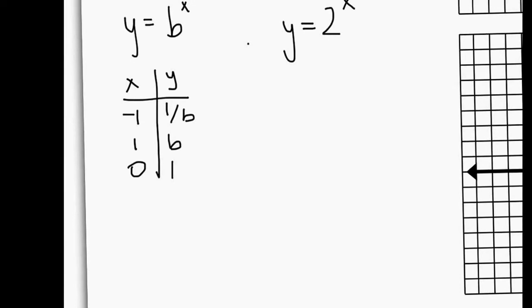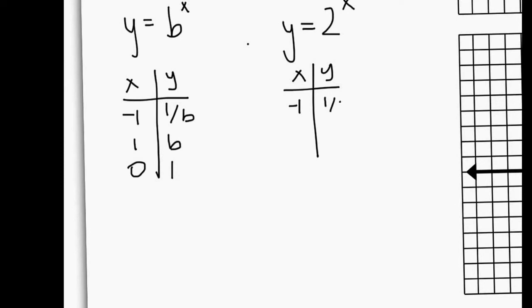So in the case of b being 2, 2 to the negative 1 is 1 over 2, which is a half. 2 to the 0 is 1. Anything to the power of 0 is 1. And 2 to the first is our b value, 2.